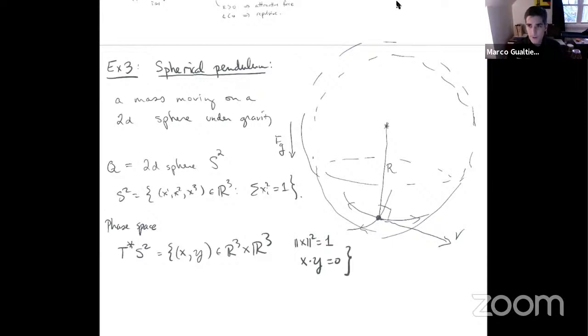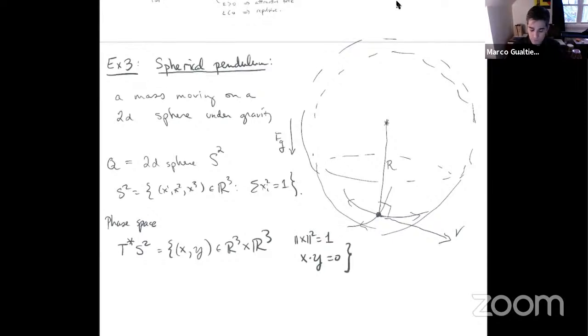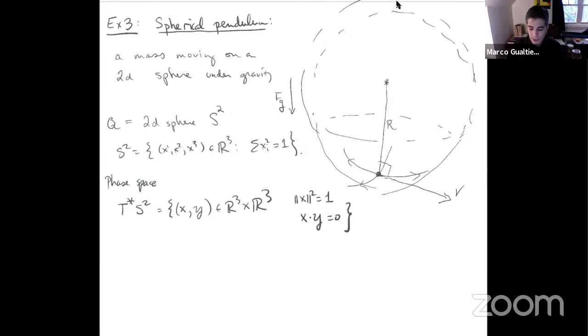Okay, you might say, well, you didn't describe the cotangent space, you described the tangent space. You described the tangent vector y to the point x. So this is the condition for y to be tangent to the sphere at x.